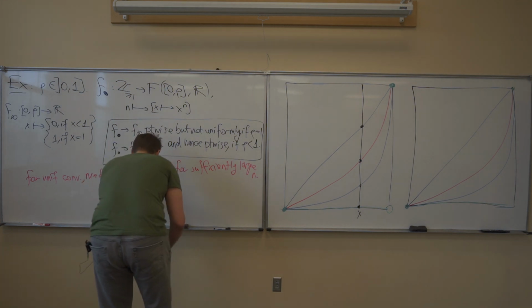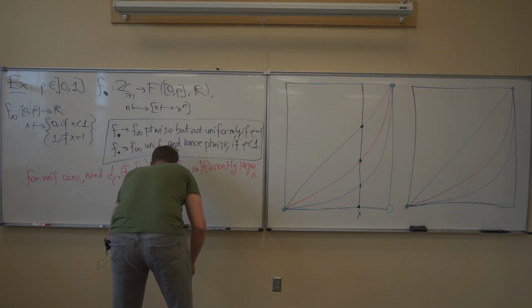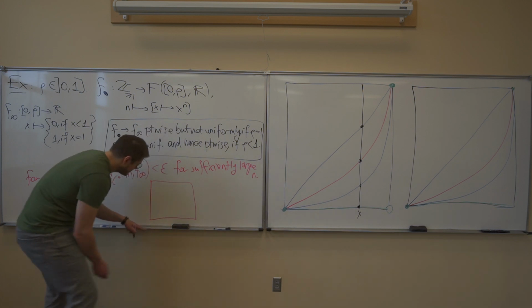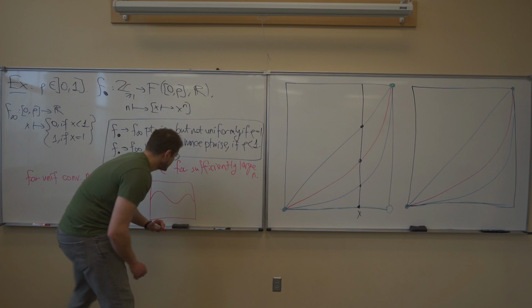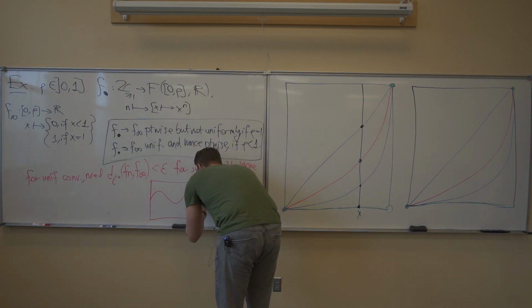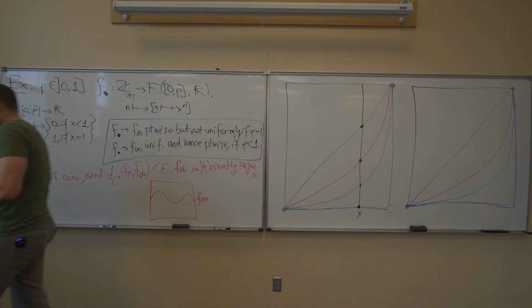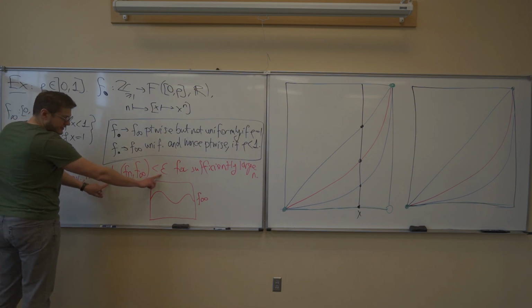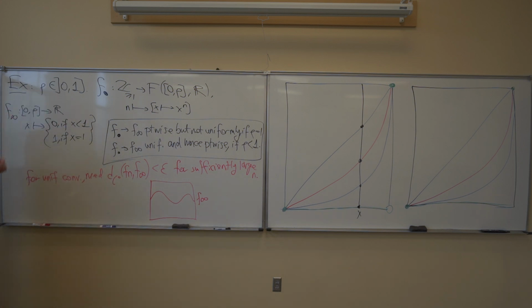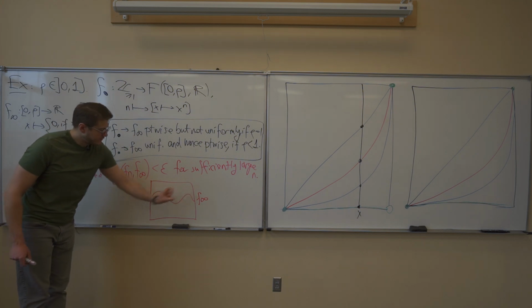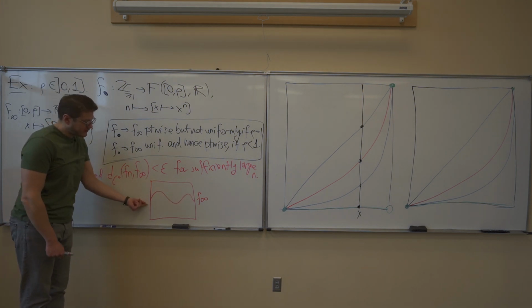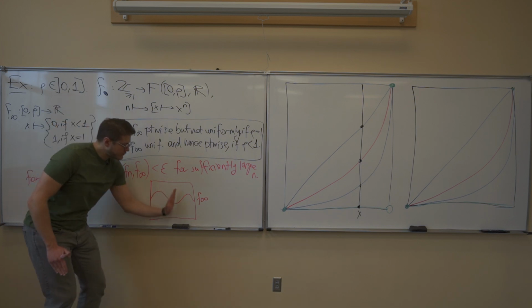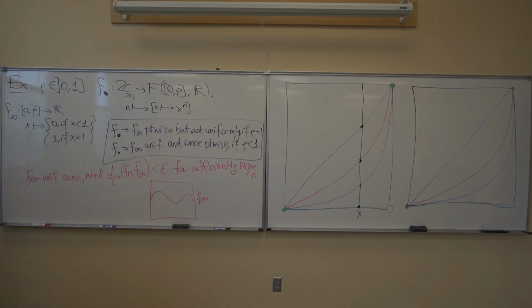So let's say that my limit function is f infinity, and let's say that it looks like this. Okay, this is my f infinity. Then, to understand this, I look at an epsilon ribbon around f infinity. So I'm going to look at the value of f infinity plus an epsilon or minus an epsilon, and I'm going to sweep using those bounds.